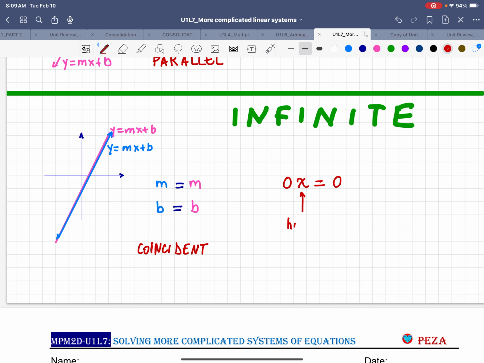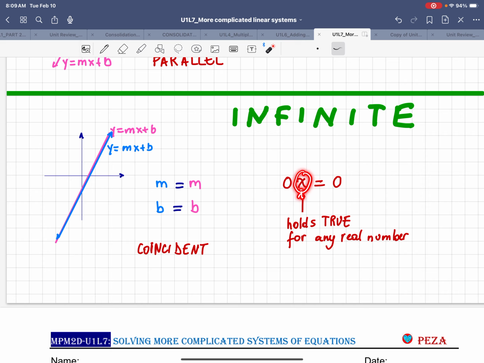The reason is that when you multiply any number by 0, you get 0. So we are getting an infinite number of solutions, because any real number can satisfy this equation.